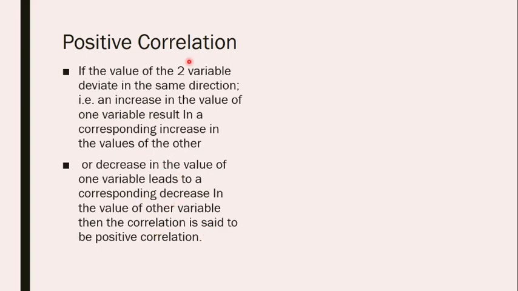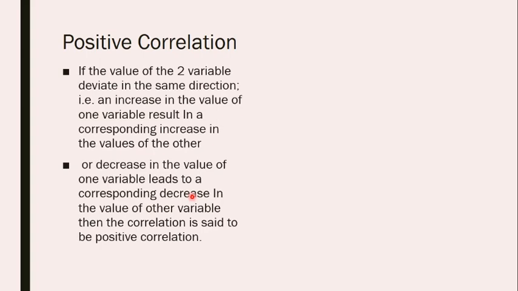So there exist two cases. If the two variables are deviating in the same direction, it might be an increase or it might be a decrease, but if both are moving in the same direction, then both the variables are said to be positively correlated.